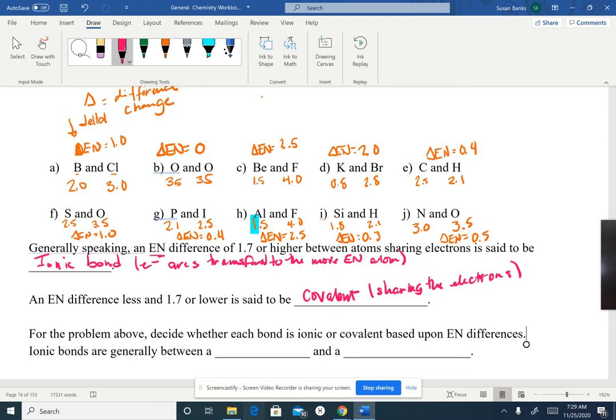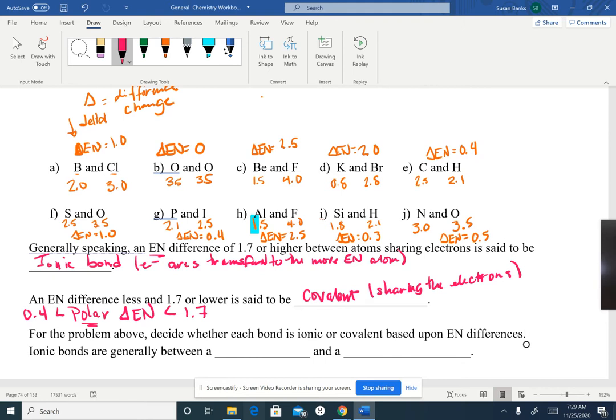Now, if I have a polar bond, my electronegativity difference is going to be somewhere in between 0.4 and 1.7. Polar just means that I'm not sharing the bonds or the electrons evenly.